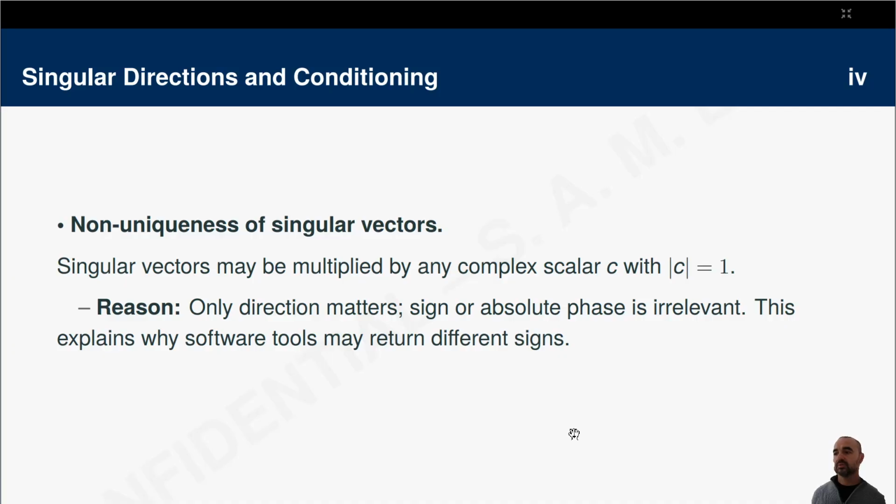Why is that? Because only direction matters. Sign or absolute phase is irrelevant. This explains why software tools may return different signs.